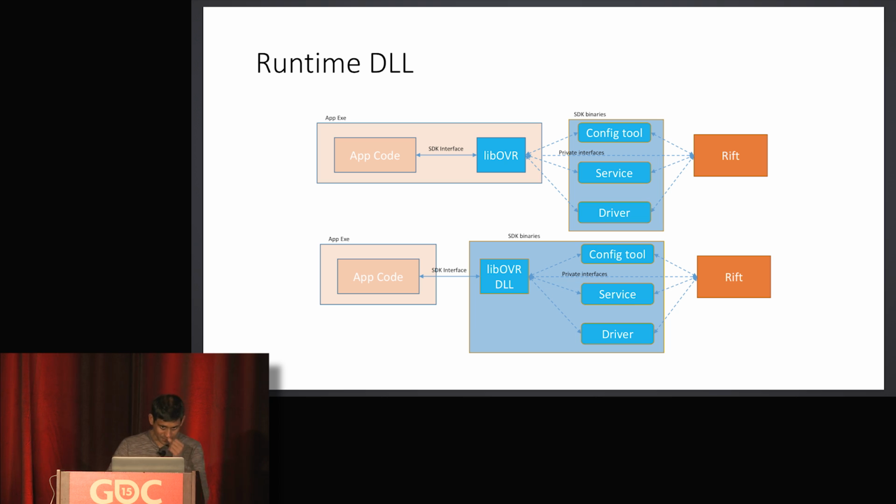By decoupling them and shipping them separately, we run into a bunch of mix and match issues whenever we ship a new runtime with existing apps. And that ends up becoming a problem for the developers who had functioning apps that suddenly stop working. So we're moving to a DLL model for our SDK, where we can ship the DLL with all the other tools in a way where they're all self-consistent.